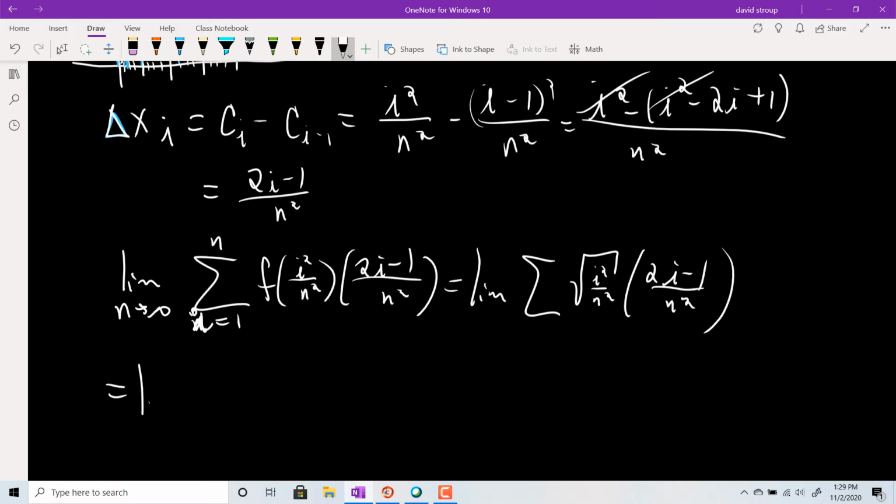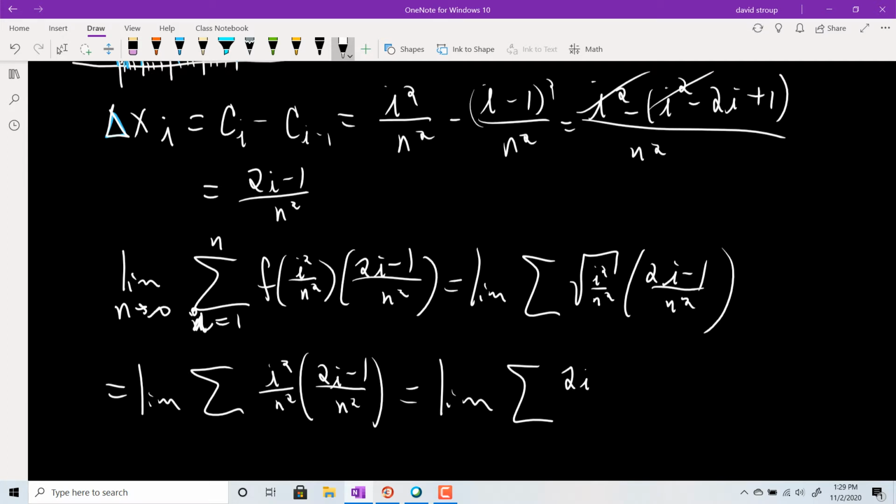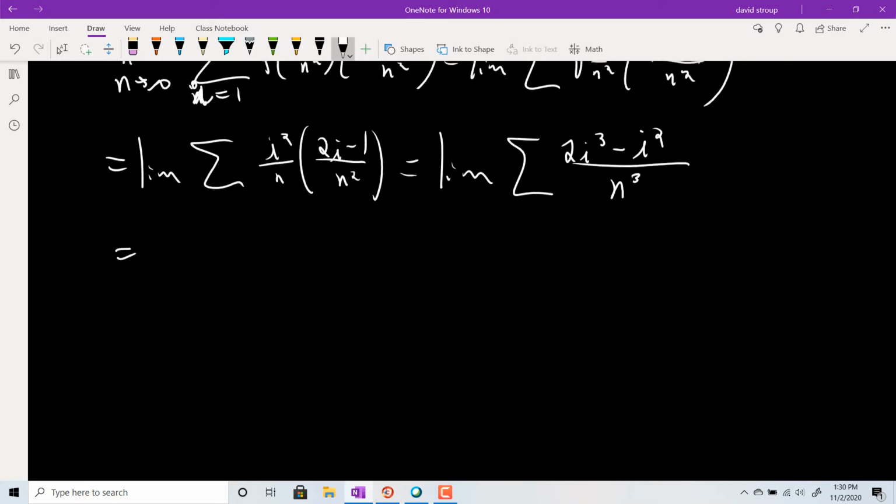And then that'll equal the limit of the sum of i squared over n squared times (2i minus 1) over n squared. And then that'll just be the limit of the sum of 2i cubed minus i squared over n to the, whoops, when I took the square root, that 2 should have went away there. So it's just all over n cubed. Then we could split up that sum and use our formulas for sums from the previous section to simplify parts.